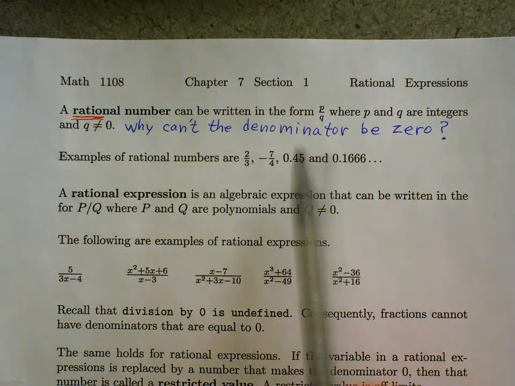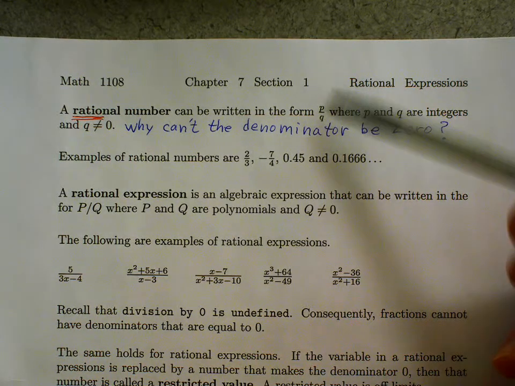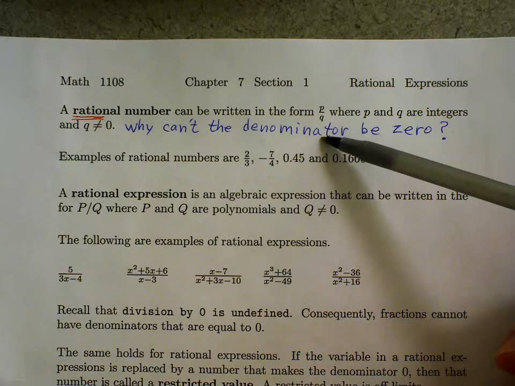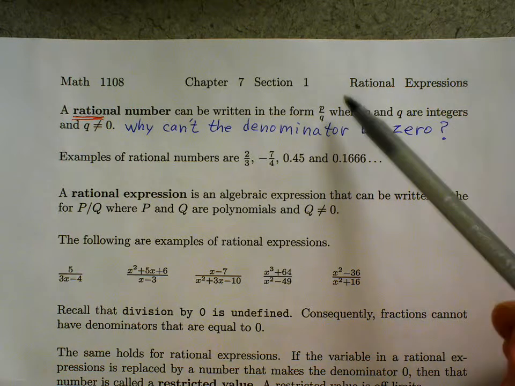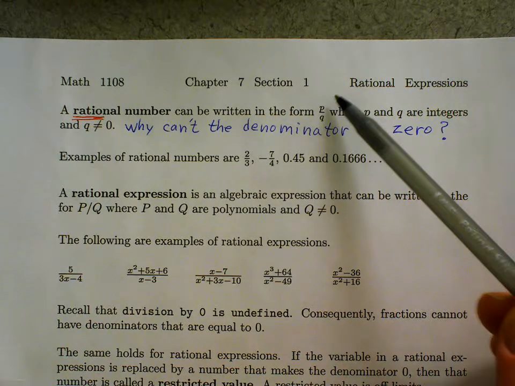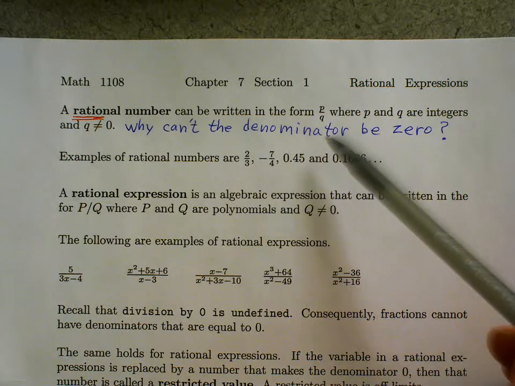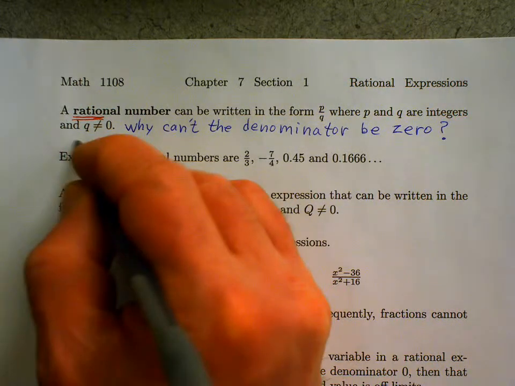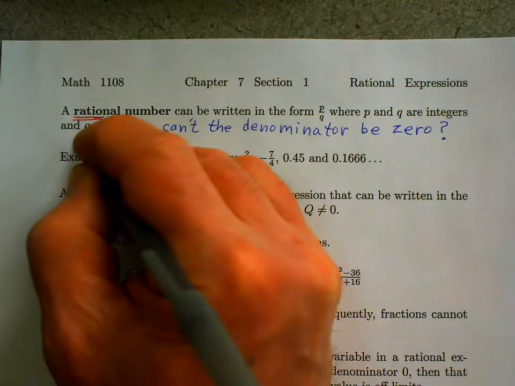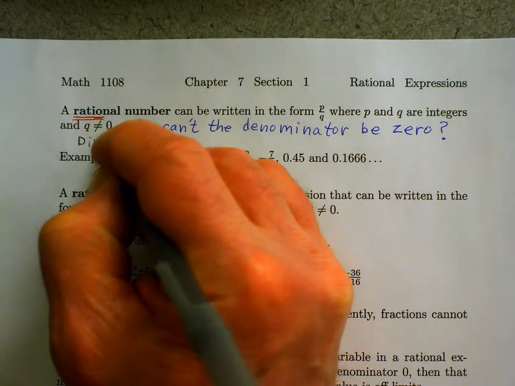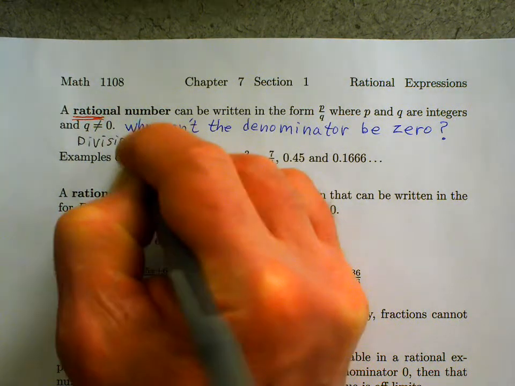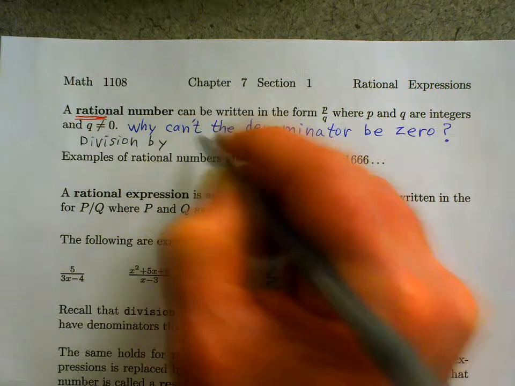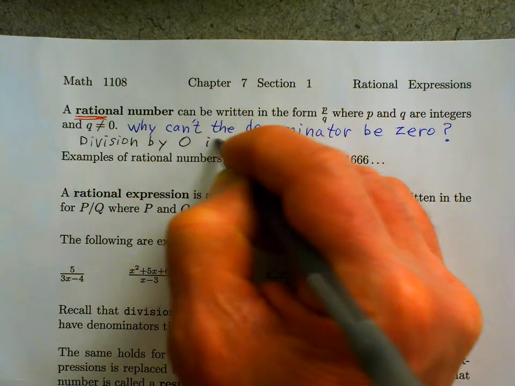So whenever you have a ratio of two numbers, what we're doing is dividing the number in the numerator by the number in the denominator. But division by 0 is undefined.